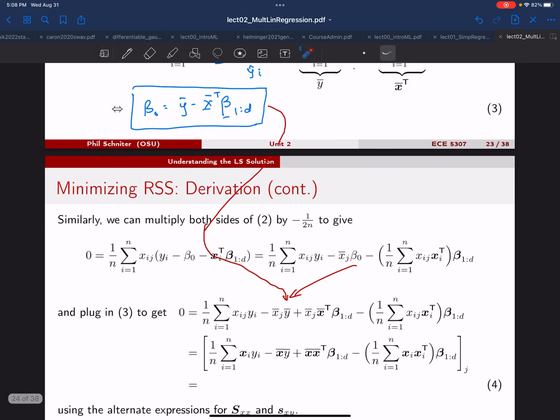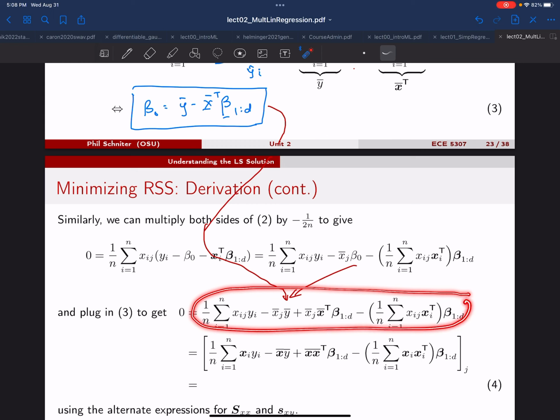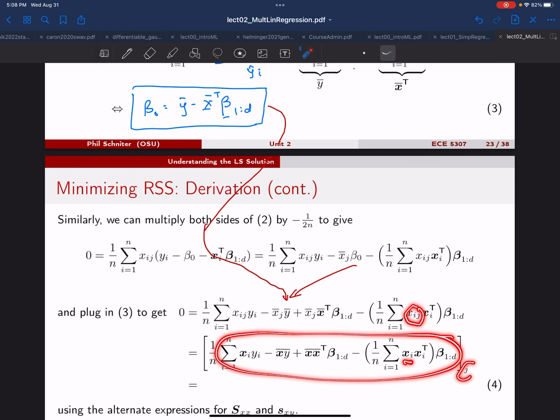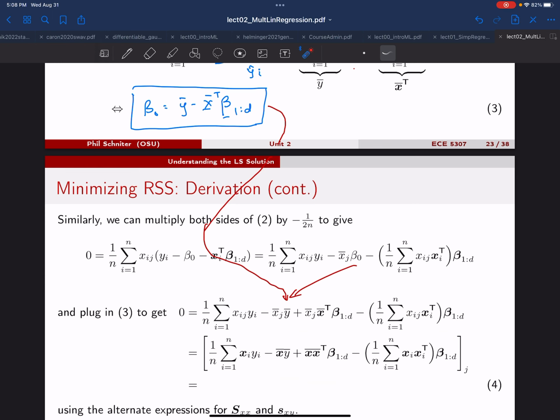Okay, so first of all, let's write this in terms of a vector. This is the jth element of a vector, where this becomes a vector xi, this becomes a vector x, this one becomes a vector x bar, and this one becomes a vector x. If you take that vector expression and look at the jth entry, you get exactly that earlier expression.